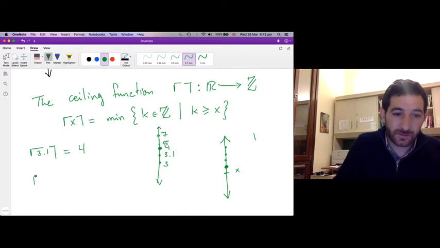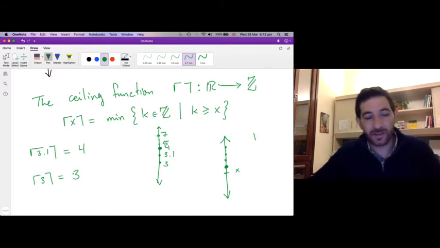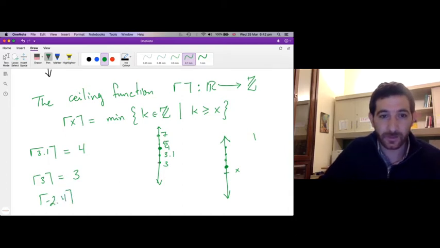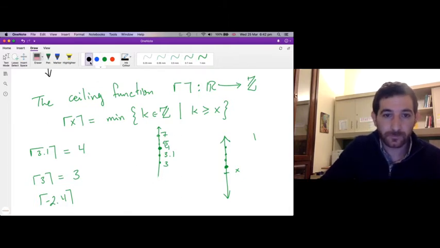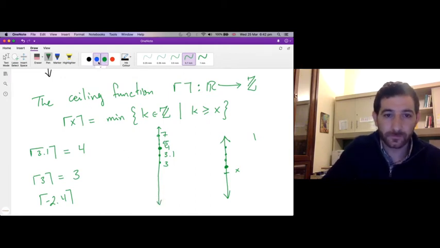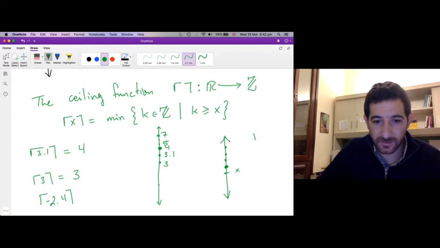Okay, now what's the ceiling of 3? It is 3. The ceiling of any integer is the integer itself. What's the ceiling of negative 2.4? So again, okay, say this is negative 2.4.